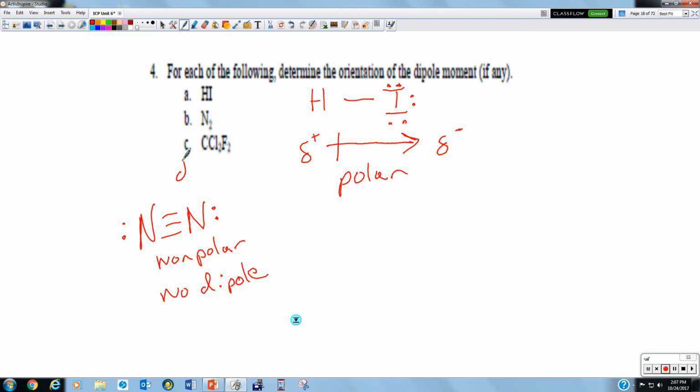All right. And then this last one, actually let's look at another one. Let's look at CF4 first. So looking at CF4, what would you say the polarity of this molecule is?